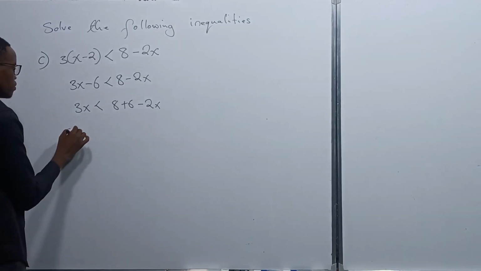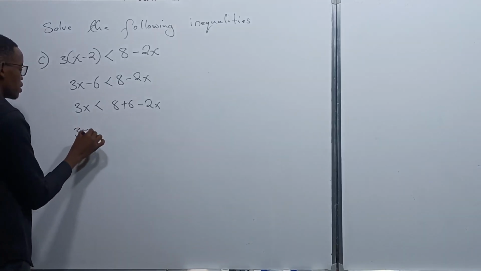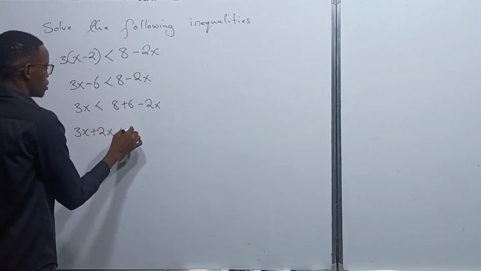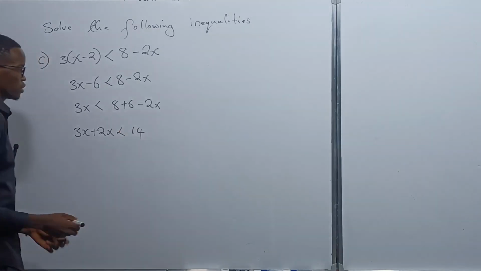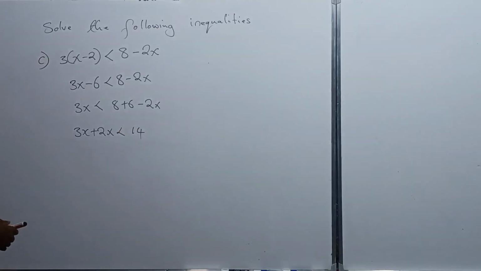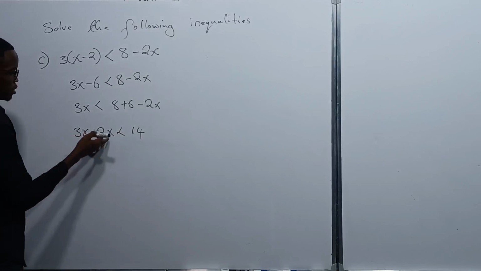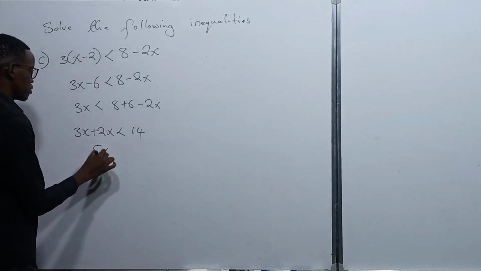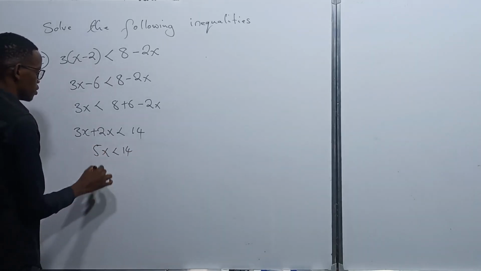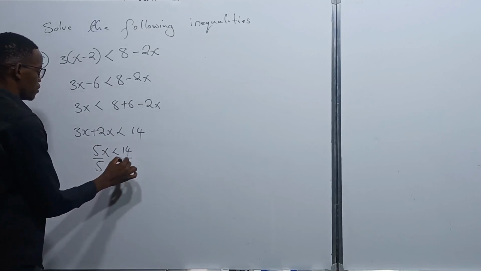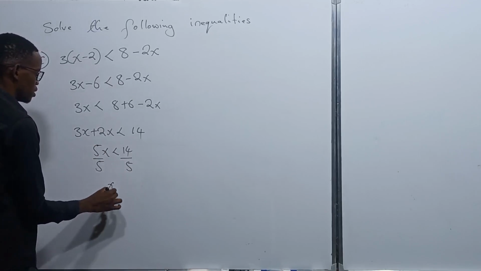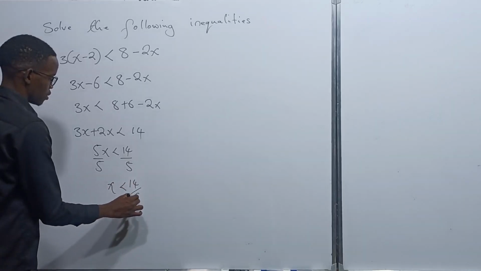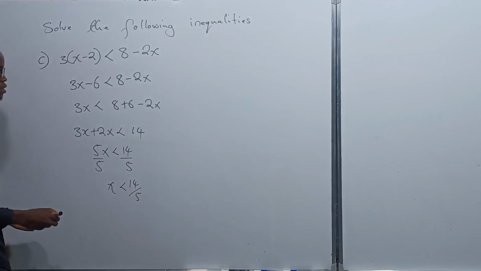We're going to have 3x plus 2x is less than 8 plus 6, which gives us 14. What is 3x plus 2x? We get 5x is less than 14. So we divide by 5 on both sides. So our x is less than 14 over 5, like that.